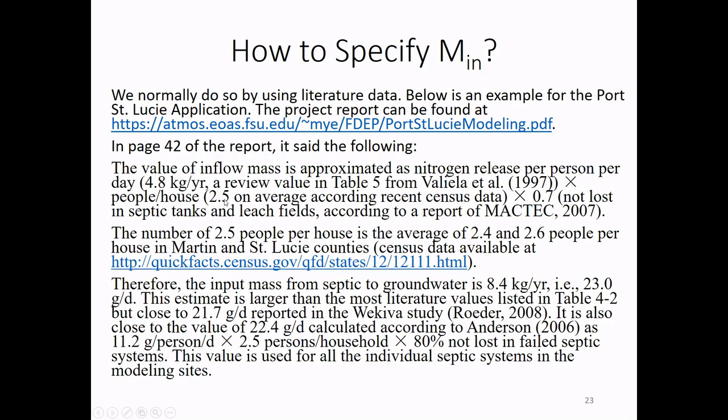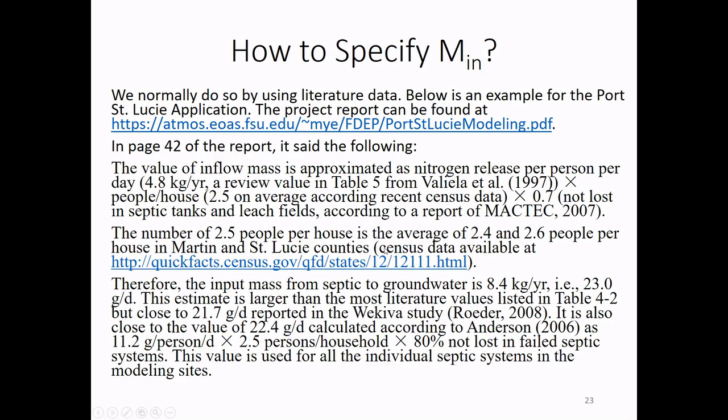For Salusi it is 2.5 per household, and then it goes from the septic tank into the drain field or leach field, right? We assume that during this process, 70% of nitrogen just disappears because there are so many processes going on in the septic tank.